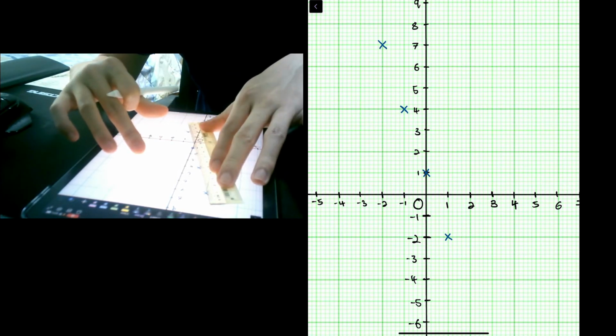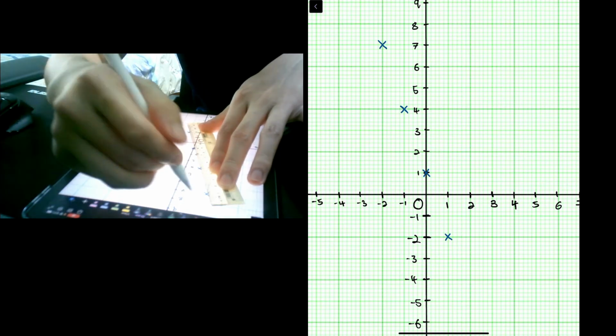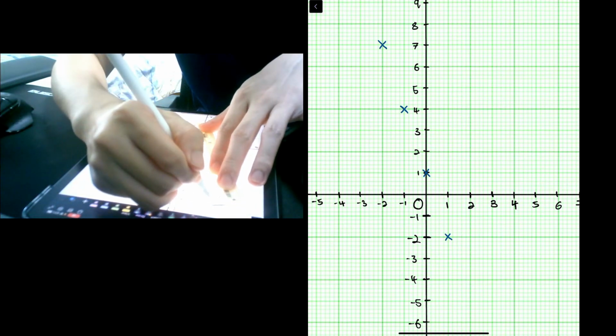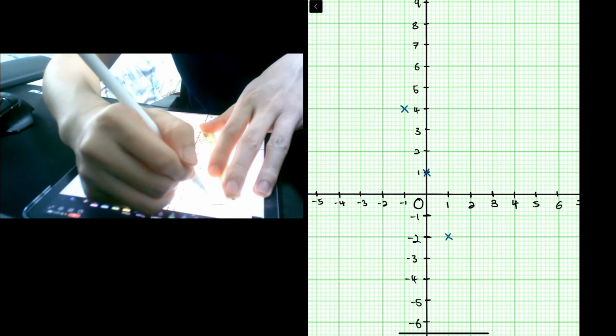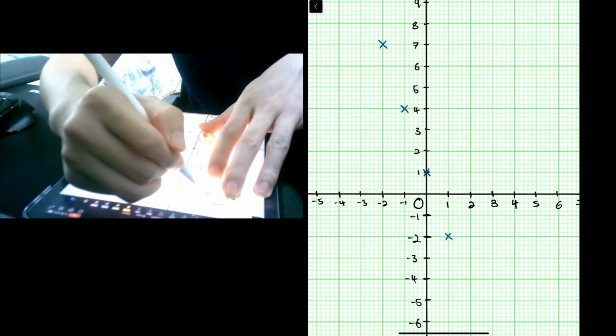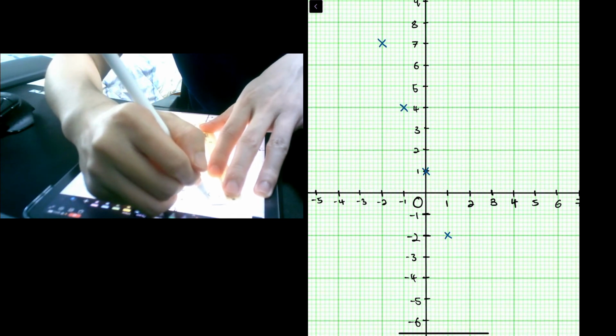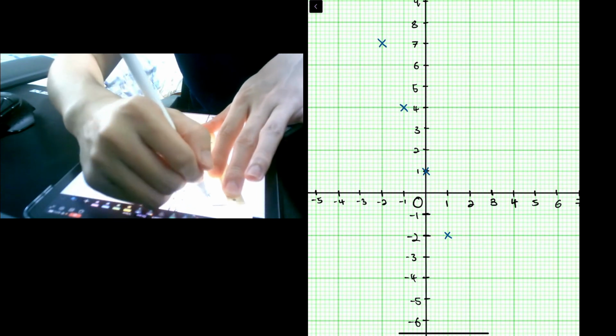You use a ruler, place it over your points, and make sure all 4 points lie on the same line. Once they lie on the same line, you can draw your line. It's actually rather straightforward, nothing too difficult. You just need to follow these steps very closely, and everything will make sense.